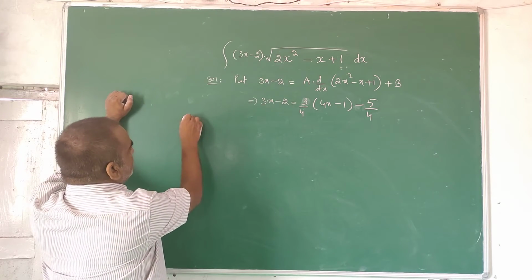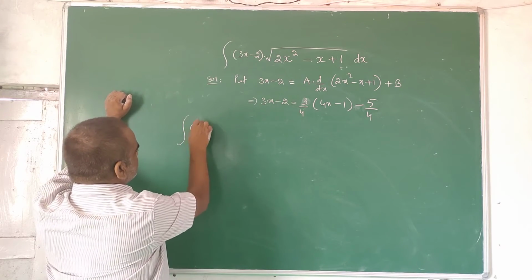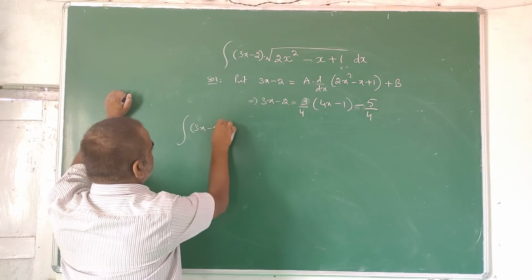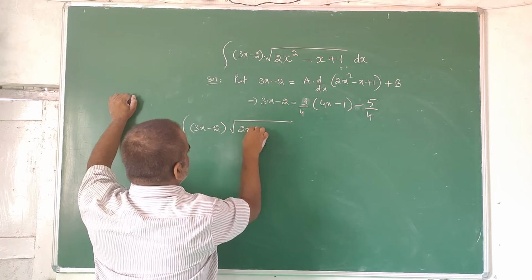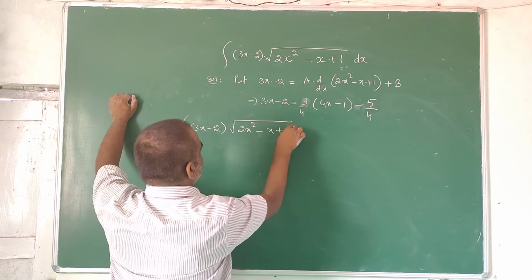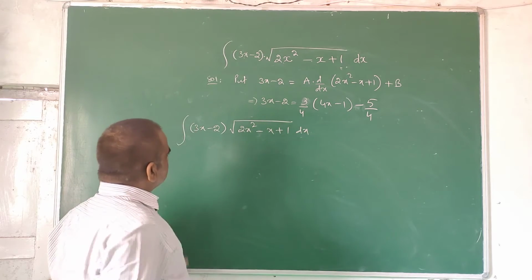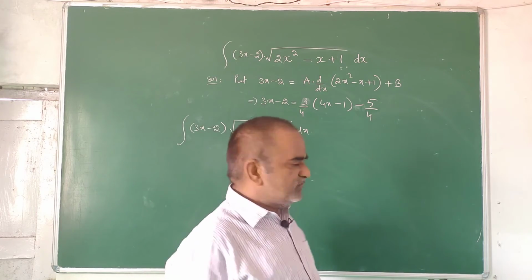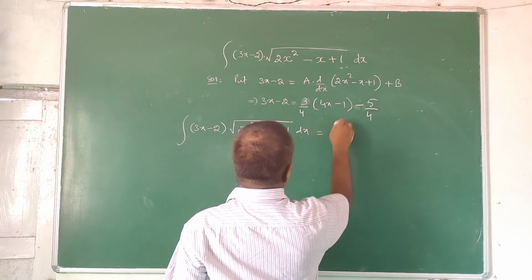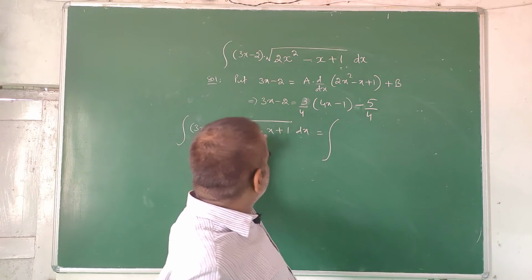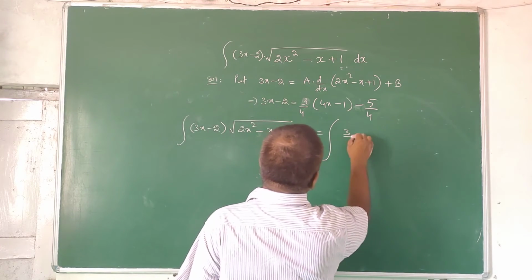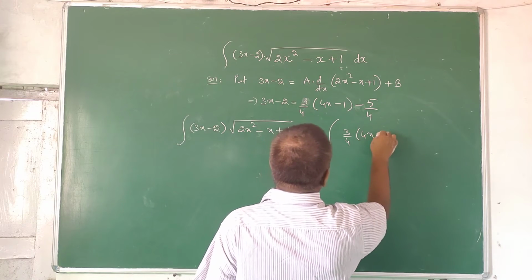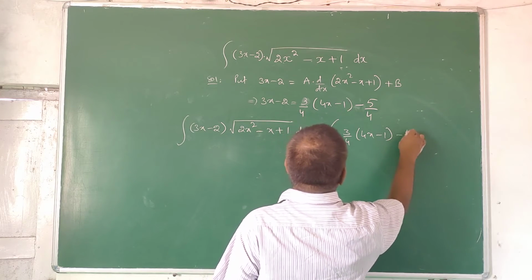The given problem is the integral of (3x minus 2) into root over 2x square minus x plus 1 dx, which is equal to the integral where 3x minus 2 is nothing but 3 by 4 into (4x minus 1) minus 5 by 4.